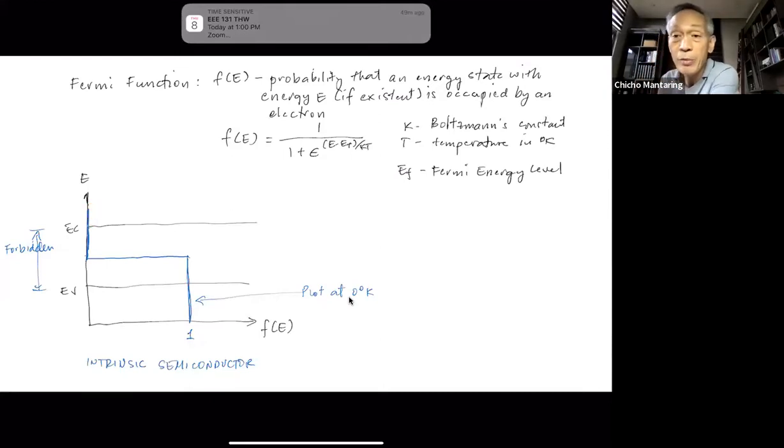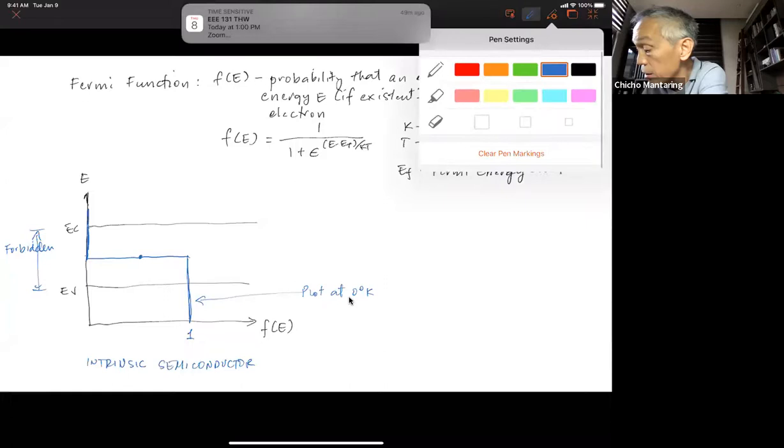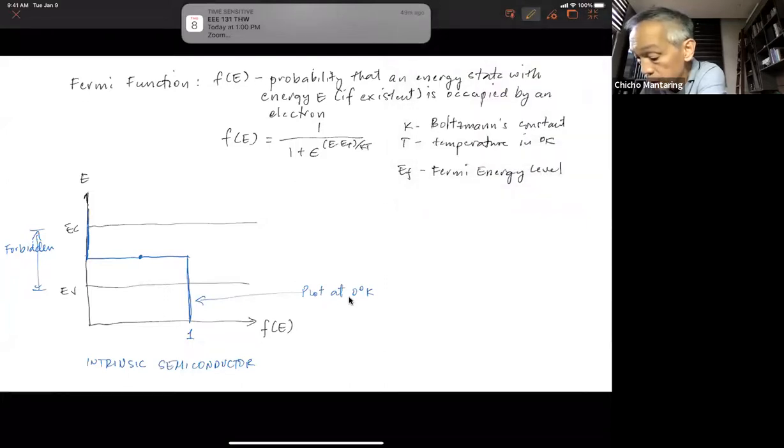Okay, what happens when we raise the temperature? When we raise the temperature, this is what's going to happen. Let me use a different color. My plot is going to look this way. So this is a temperature greater than 0 degrees Kelvin. And this inflection point is going to be 1/2.